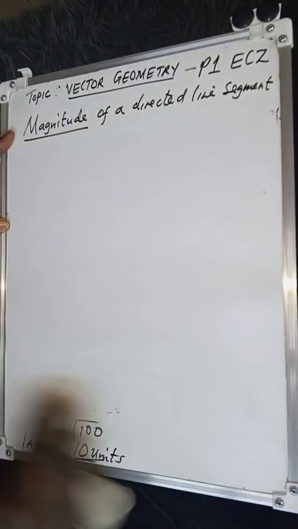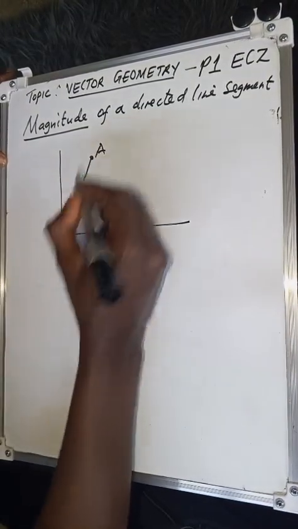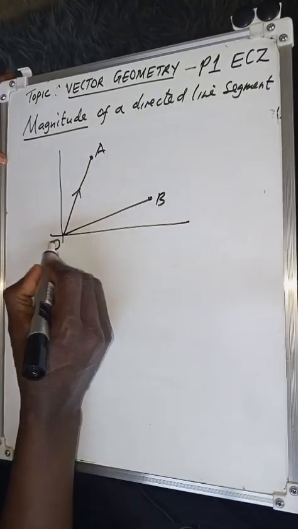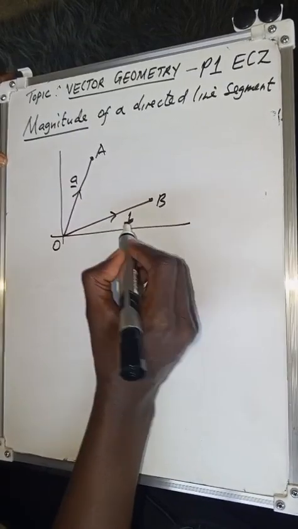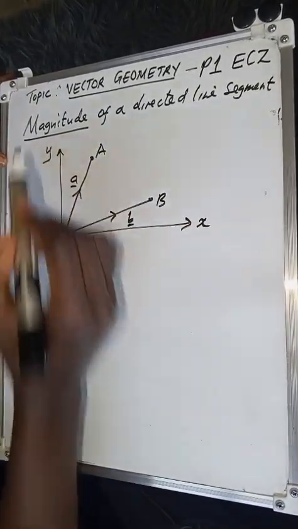For example, let me just remind you, you have a position vector. Imagine that you have got a point A and you have got a point B. If they tell you from O to A is vector A and from O to B is representing vector B, and remember, this is the x-y plane.